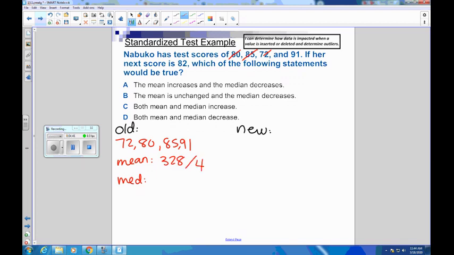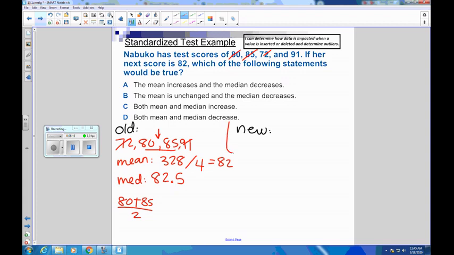There are 4 different numbers. That one is 82. So my mean, my average, is 82. Then for the median, again, I start by crossing off on both sides, and I'm left with 2 in the middle. So I know my median is right between 80 and 85. So I'm going to take 80 plus 85 and divide that by 2. When I do that, I get my median of 82.5.